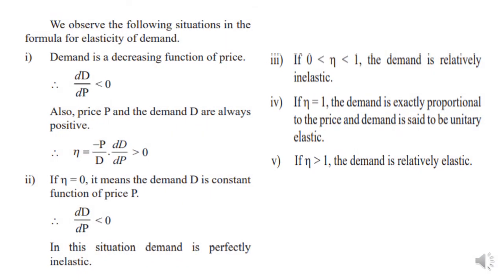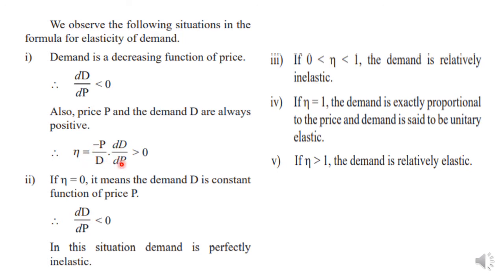Now there are certain situations where the value of elasticity of demand can tell us certain things. First, demand is a decreasing function of price. So dD by dP, the derivative of demand with respect to price, is negative. Also, price and demand are always positive.